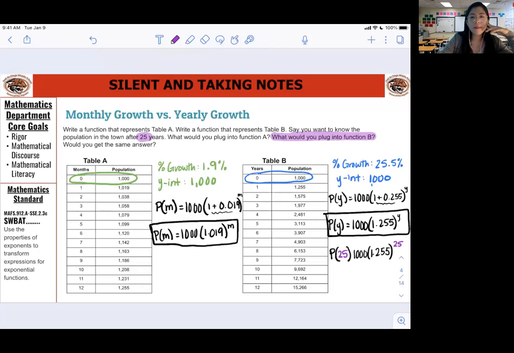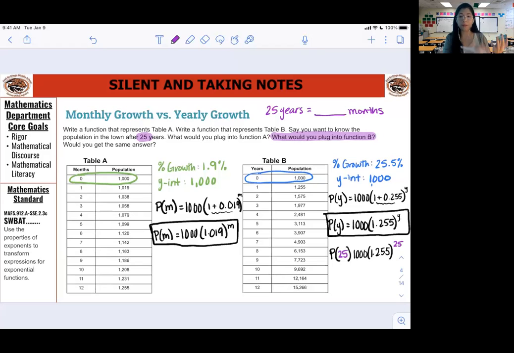Okay. So how many months are 25 years? 2.08. Months? Months can't be calculated with decimals, right? No. So let's rethink that. How do I figure this out?